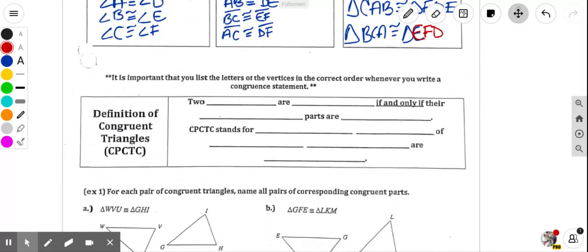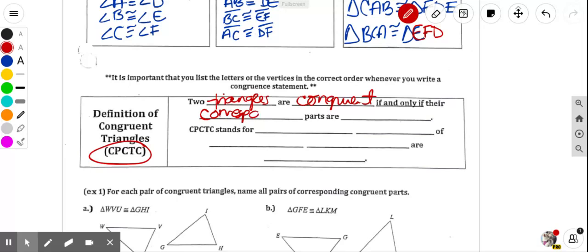Okay, so CPCTC right here is something that we actually do use a lot when we do proofs. It's kind of like the formal definition of congruent triangles. So to fill in these blanks, 2 triangles are congruent if and only if their corresponding parts are congruent.